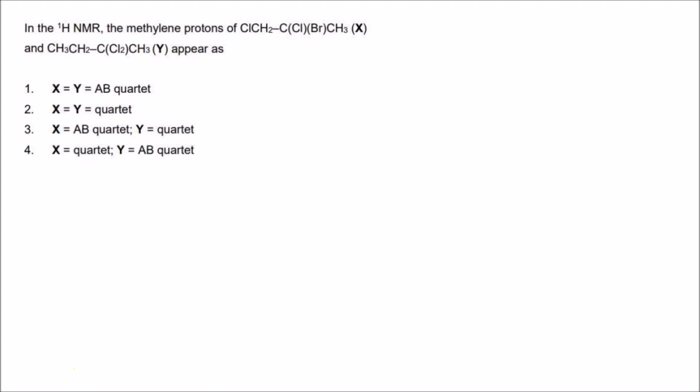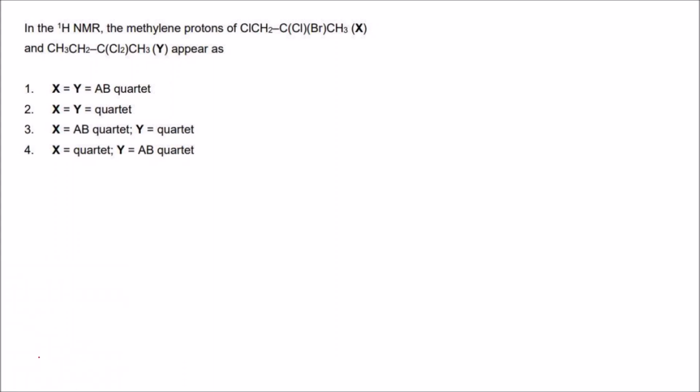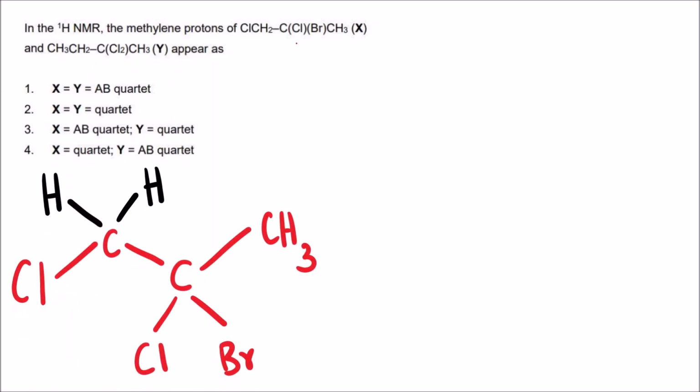So, coming to the question that was asked. The first one is X: Cl, CH2, CCl, Br. In both these cases, there is a methylene proton. You must know what a methylene proton is. Methylene means CH2; this group is called the methylene group.